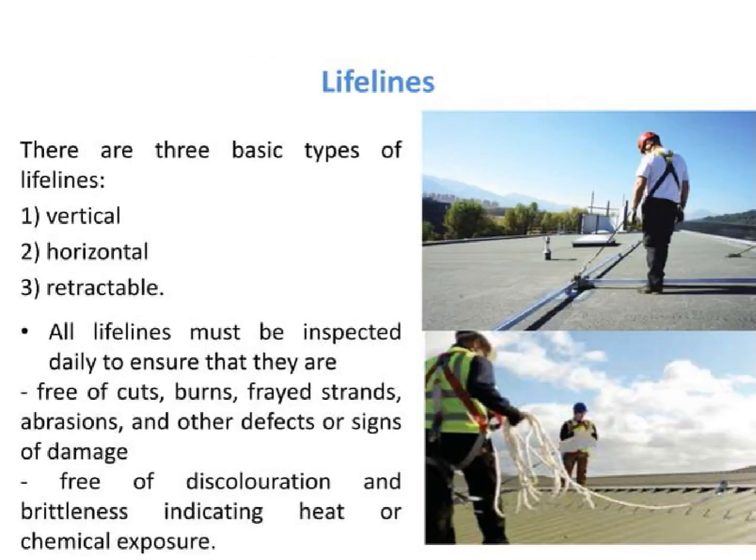It is important to ensure lifelines are in proper condition when using them. There are three main types of lifelines: vertical, horizontal and retractable. Daily inspections should be conducted to look for signs of damage such as cuts, burns, frayed strands, abrasions, discoloration and brittleness from heat or chemical exposure, in order to make sure they remain safe to use and undamaged.